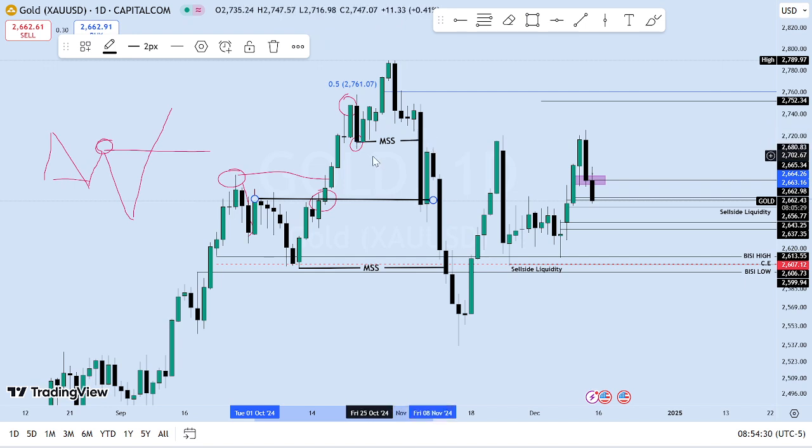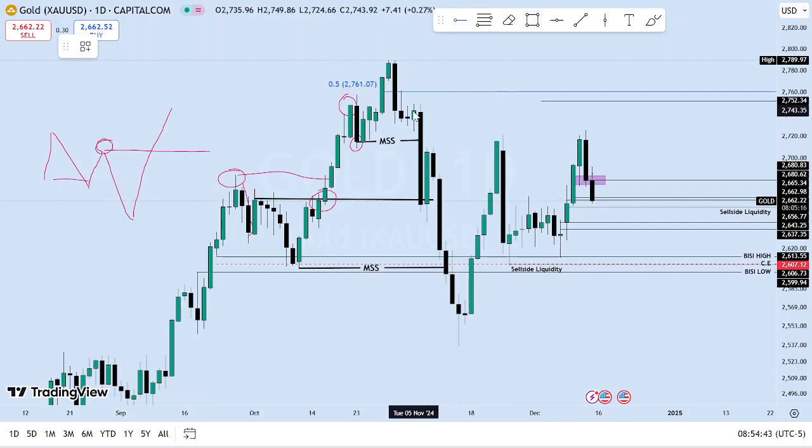I'm coming to that. After we had a break of structure, you can see price created a fair value gap between this order block, the last up-close candle, this bullish up-close candle, the low of the week.